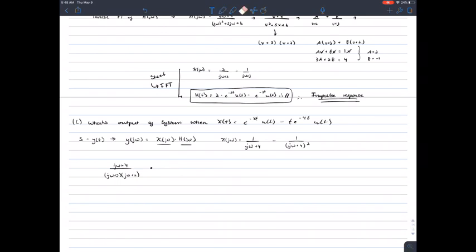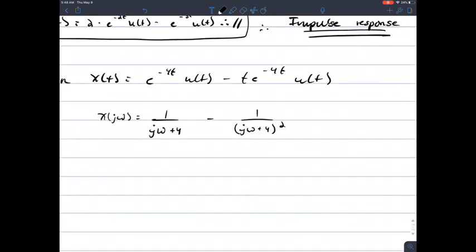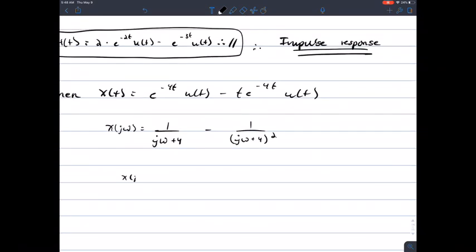So let's simplify the X(jω) first, make it easier on us. So X(jω) is going to be equal to (jω + 4 − 1) all over (jω + 4) squared, turn into a 3.